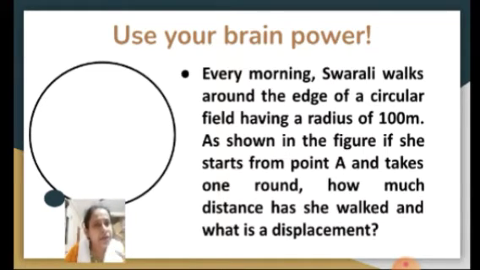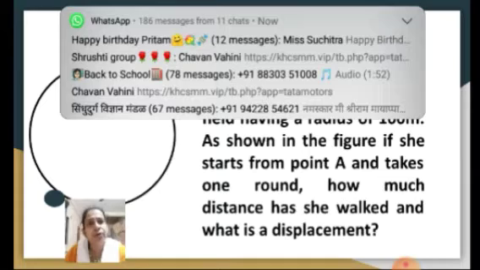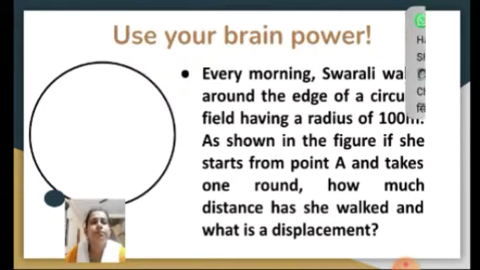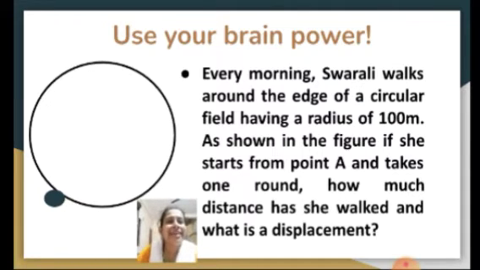Every morning Swarali walks around the edge of a circular field having a radius of 100 meters. As shown in the figure, if she starts from point A, shown by the black dot, and takes one round, how much distance has she walked and what is the displacement?